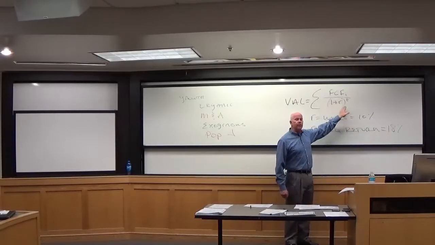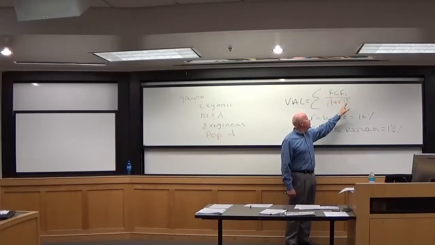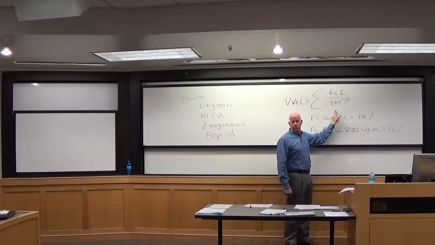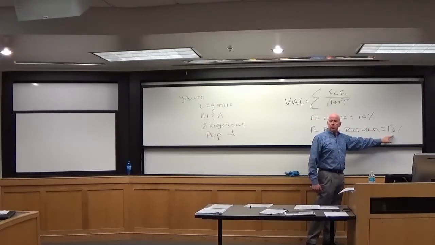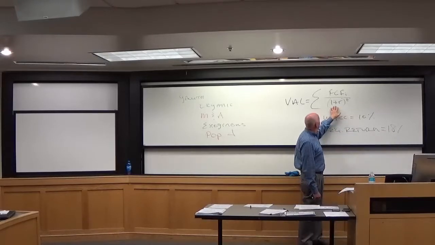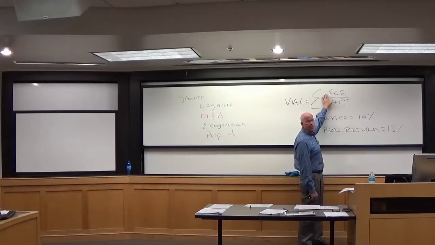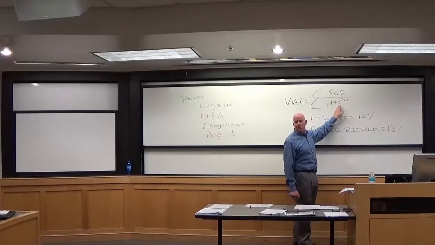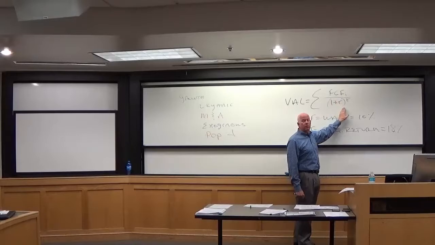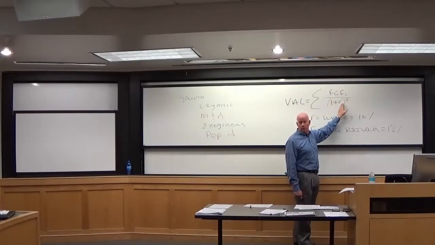When the denominator is smaller and the value in the numerator hasn't changed, the value of the term is larger. When we move and say that this is 18%, now the denominator is bigger, the numerator hasn't changed, the value of the term becomes smaller, right?